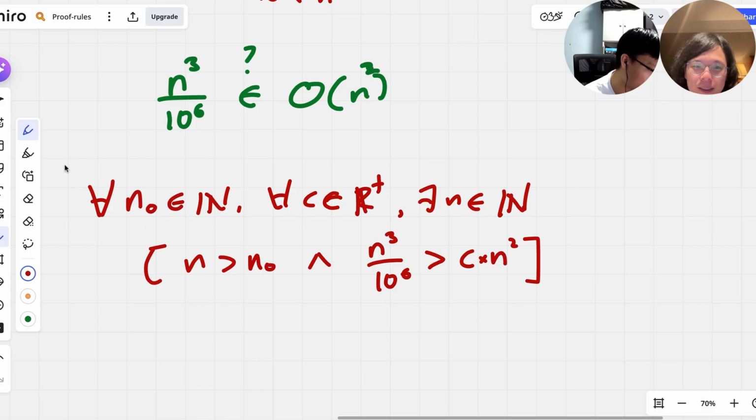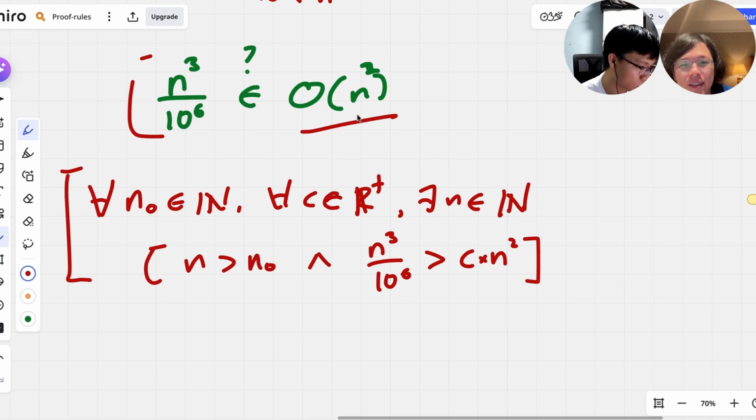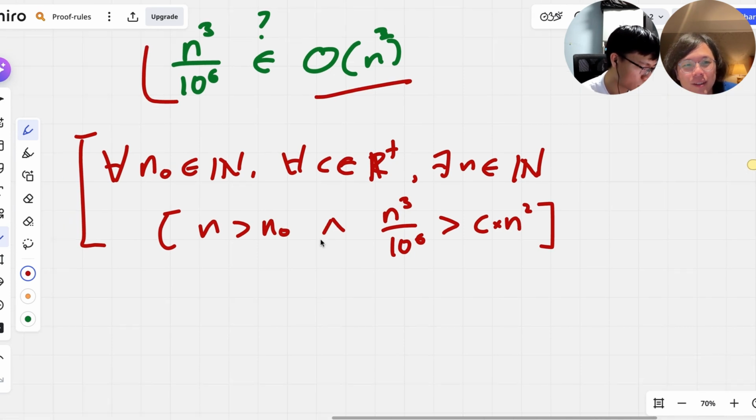That's the idea. This is what happens if we don't believe that this function is in this set. Okay, so let's try.